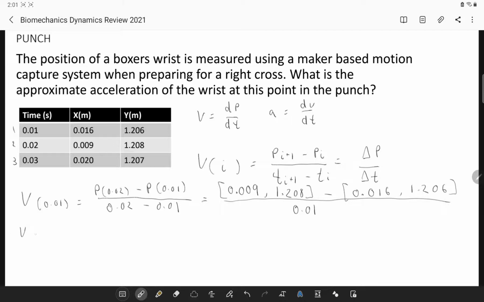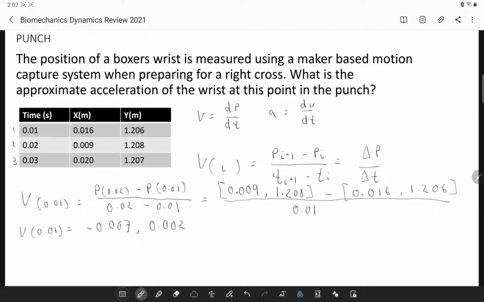So our velocity at 0.01: 0.009 minus 0.016 is going to give us negative 0.007. And then 1.208 minus 1.206 is going to give us positive 0.002.